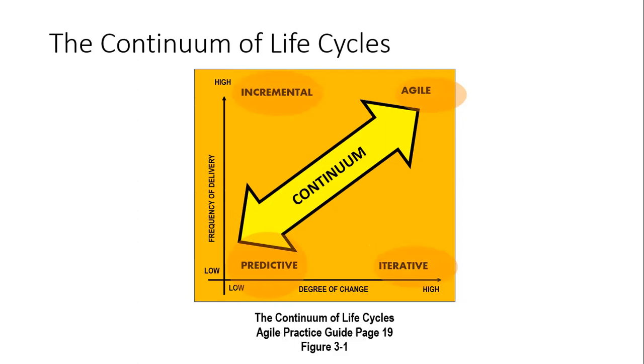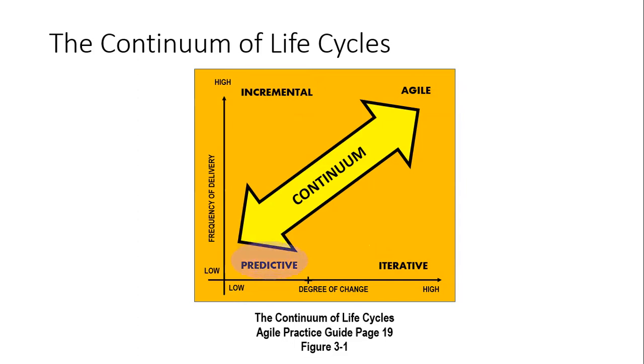And in this map, we can see when it is best to use predictive, incremental, agile, or iterative approaches. So let's get that straight first. Okay, let's examine them one by one.